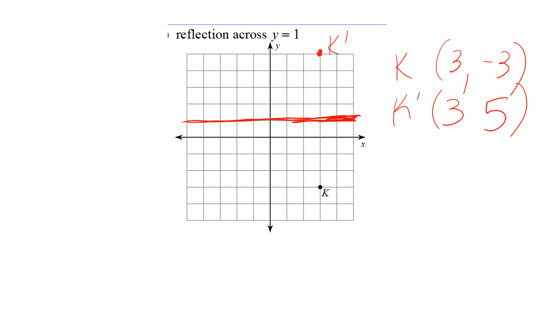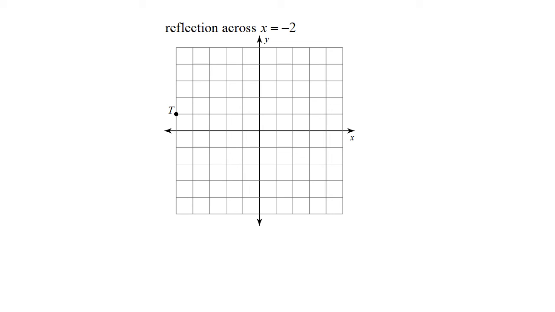Notice when you are reflecting across a line that says something like y equals, what values actually end up changing? The y values do. The x values did not change at all, and it's because it's just a movement up or down.